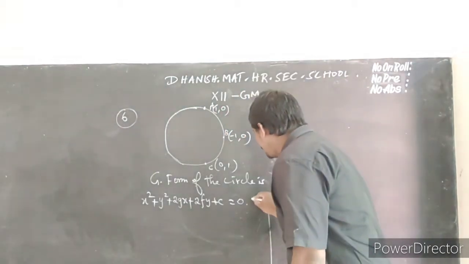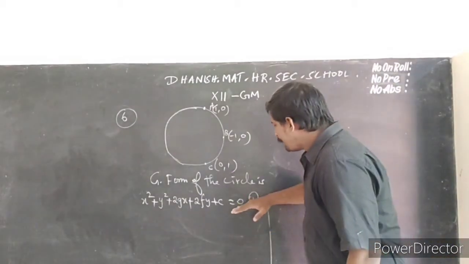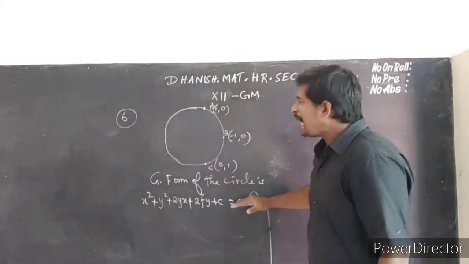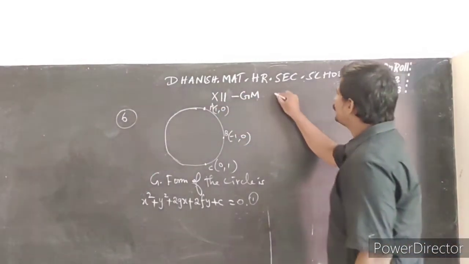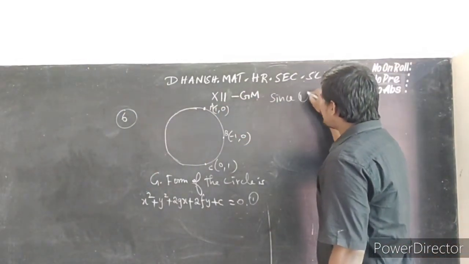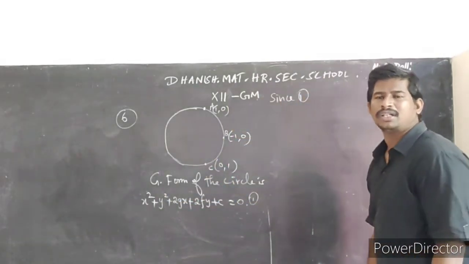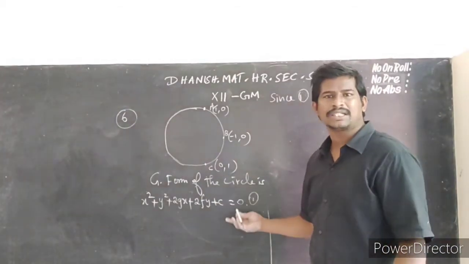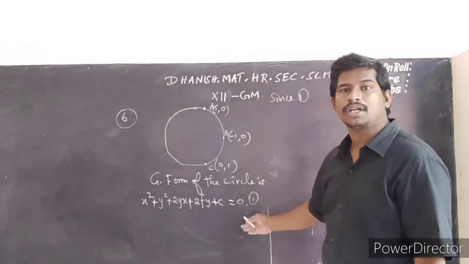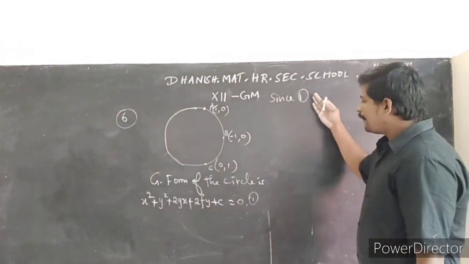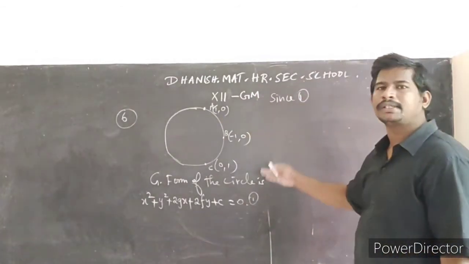This equation can be taken as equation 1. Here equation 1 represents the general form of the circle, so equation 1 is the equation of a circle, and it passes through the points A, B, C.